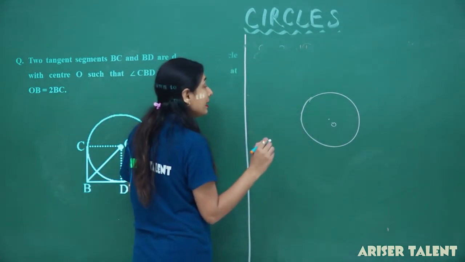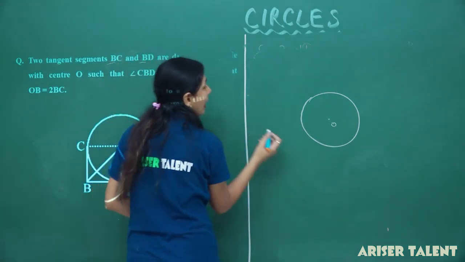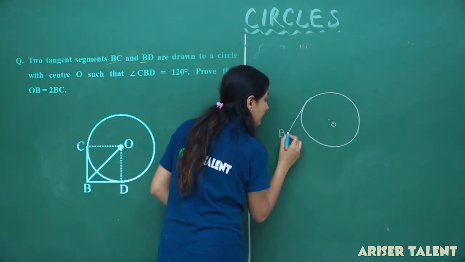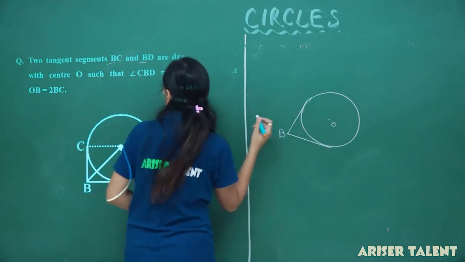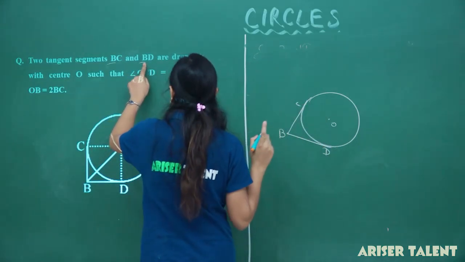So, BC and BD, that means the common point is what? B. So, I am having a point here which is B. Now, if I have tangents from it, the names will be BC and BD. So, this will be a construction.